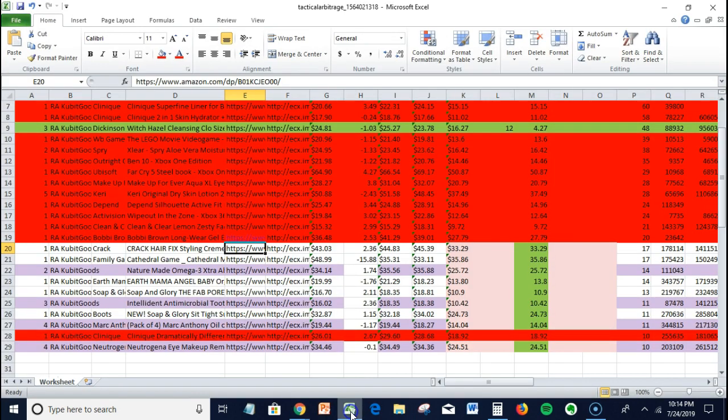So $33.29. It doesn't say pack of 2, but it actually is a pack of 2.